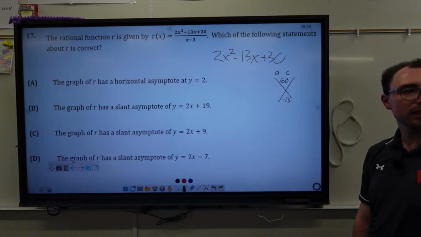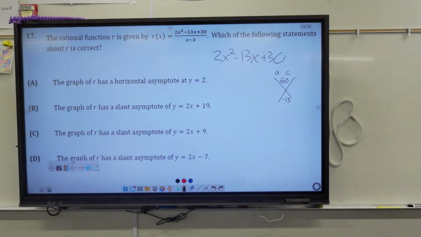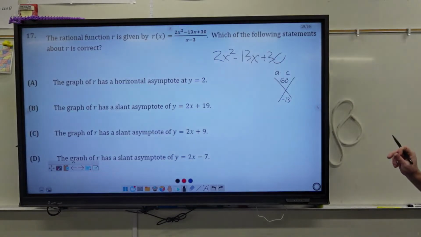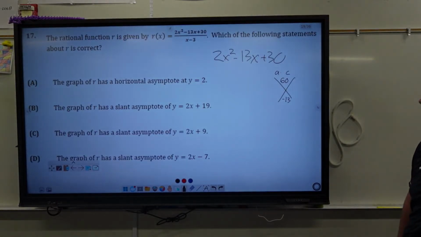For 17, we end up getting 18 times, what's that going to give us? No, 18 times 5? It would have to be a negative 18 times a negative 5 to get positive 30.